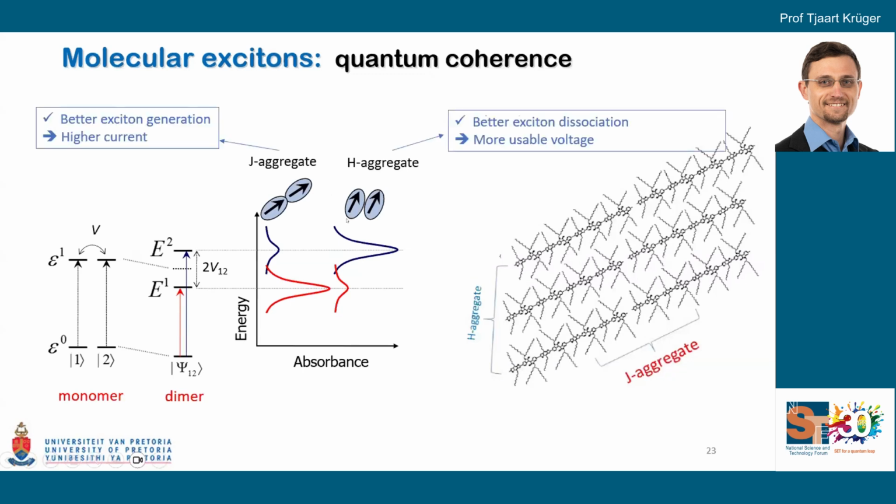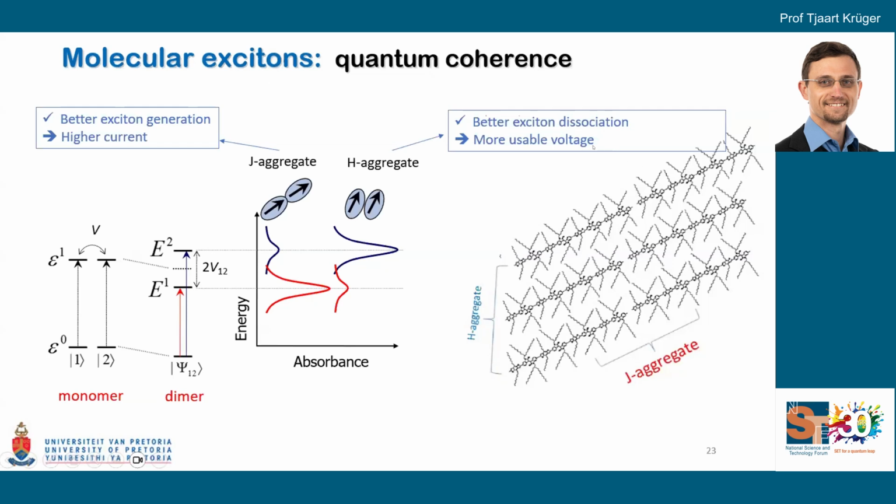Right, so J aggregates are better at generating excitons, which will optimize the current that is generated. But H aggregates are again better at exciton dissociation, and that gives us more useful voltage.